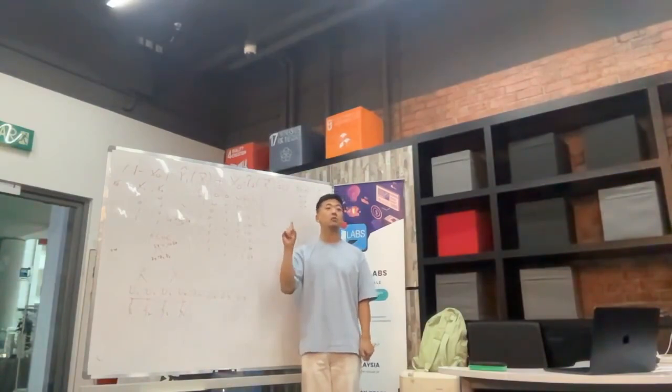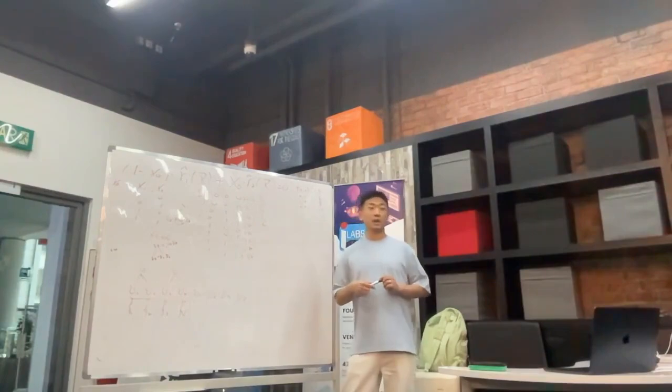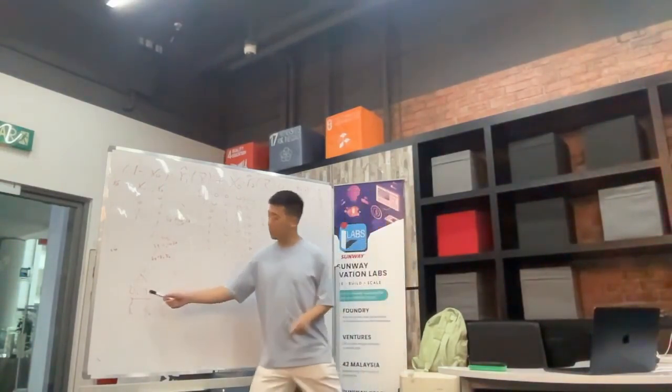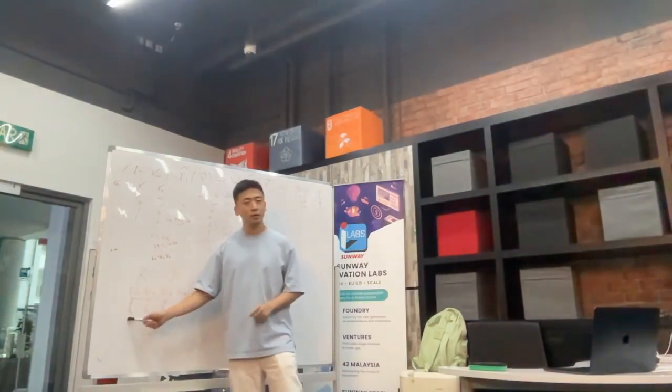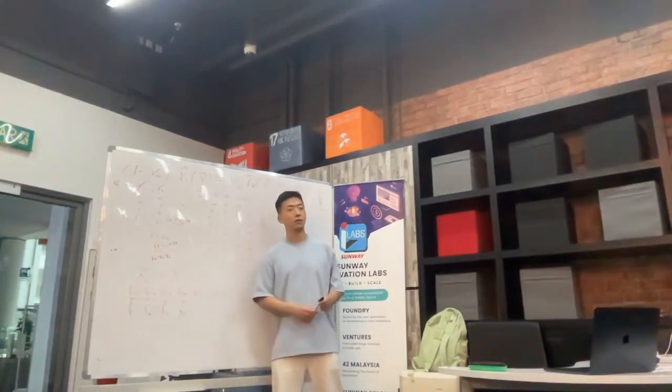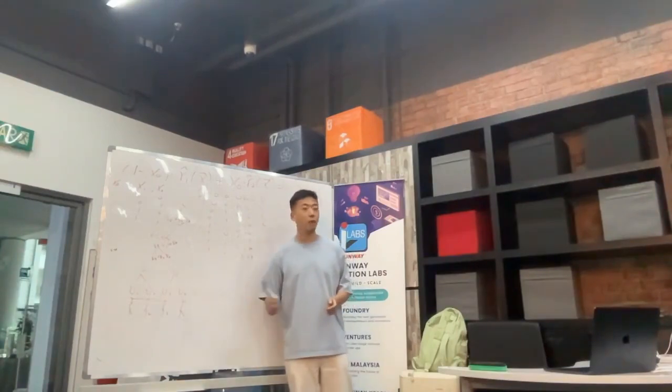So this was the first constraint that we are trying to add here. And the second constraint is that V1 will be equal to F1, V2 will be equal to F2, and V4 will be equal to F4.